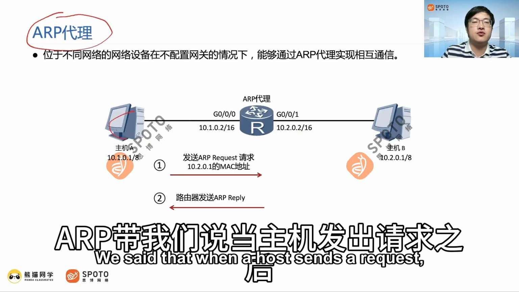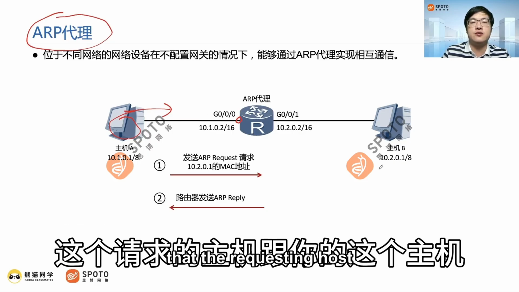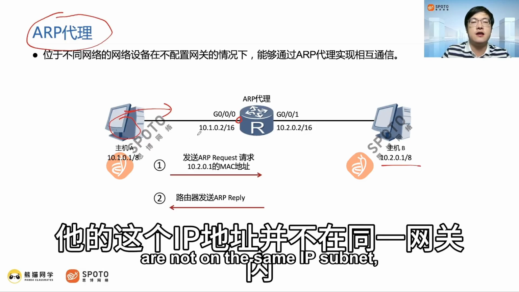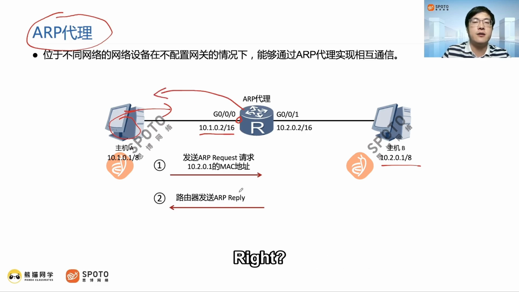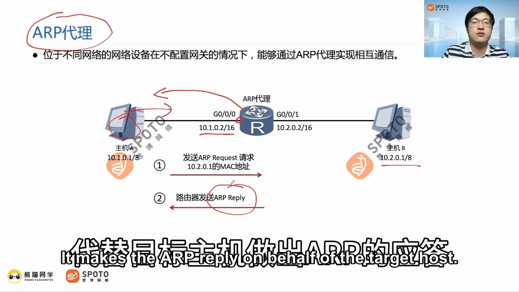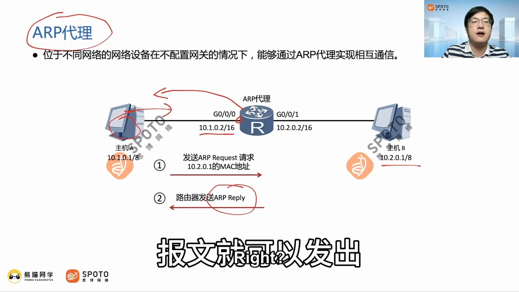Proxy ARP. We said that when a host sends a request, once our gateway interface discovers that the requesting host and your target host are not on the same IP subnet, it will act on behalf of your target host and make an ARP reply. Then we can normally encapsulate the MAC address and the packet can be sent.